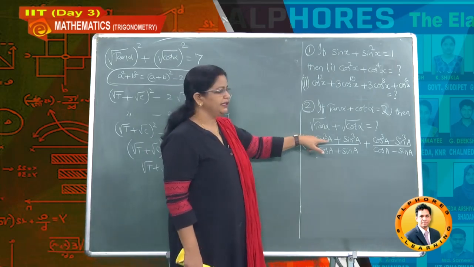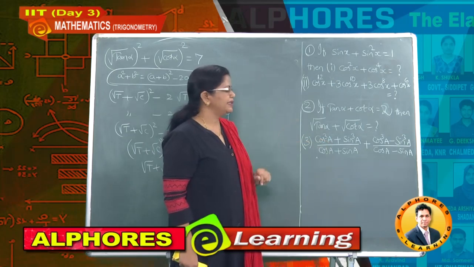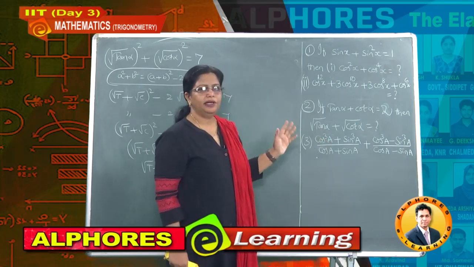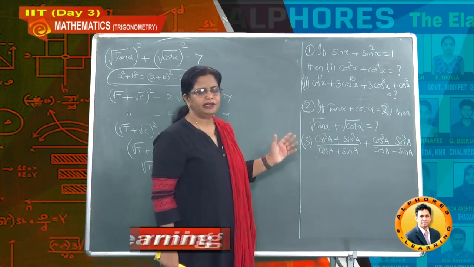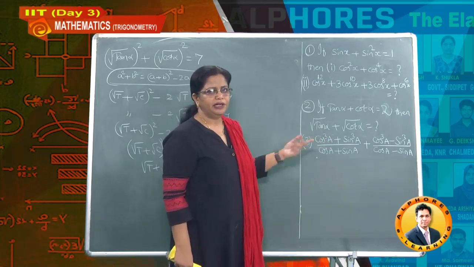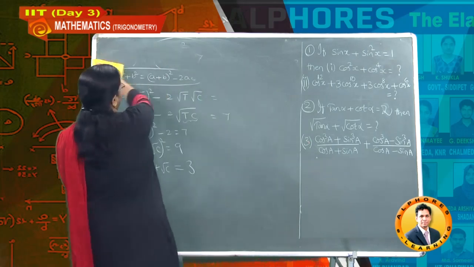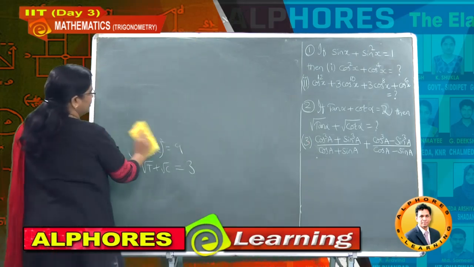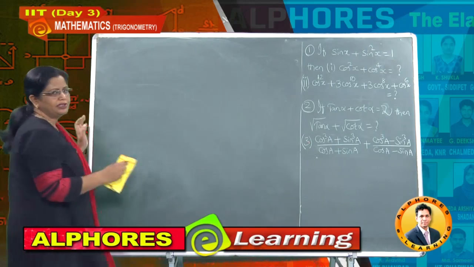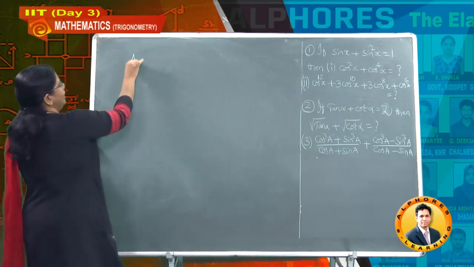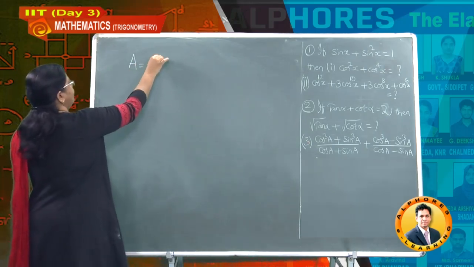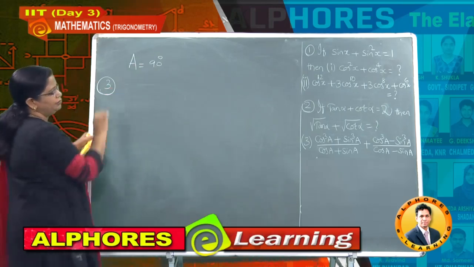Instead of taking the direct procedure, I want to take A equal to either 90 degrees or 0 degrees. If I take A equal to 90 degrees, then cos 90 we observed is 0. So I am substituting A equal to 90 degrees in problem number 3.